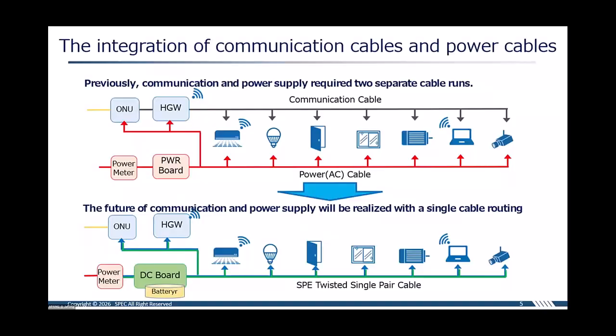This allows us to move from a world where communications and power require 2 separate bulky cable runs to a future where they are integrated into a single route. By merging these functions, we create a more streamlined and manageable ecosystem for all our devices.